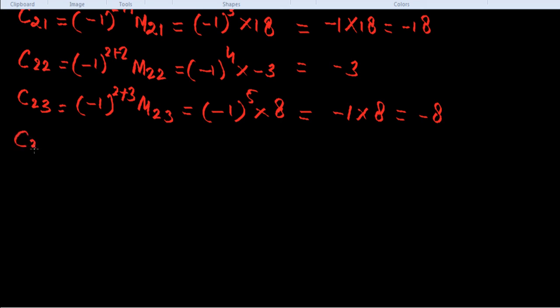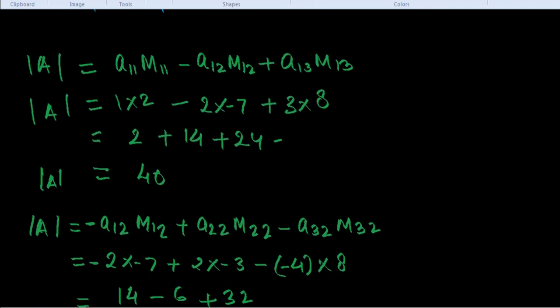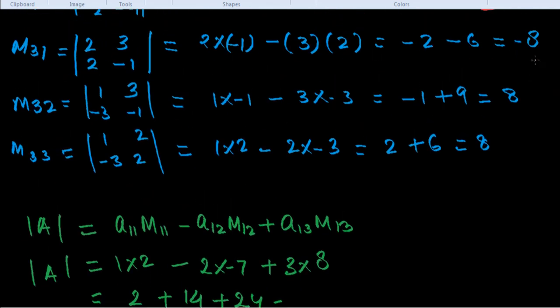Now C31 is minus 1 to the power 3 plus 1 M31, it is minus 1 to the power 4, and M31 is minus 8.